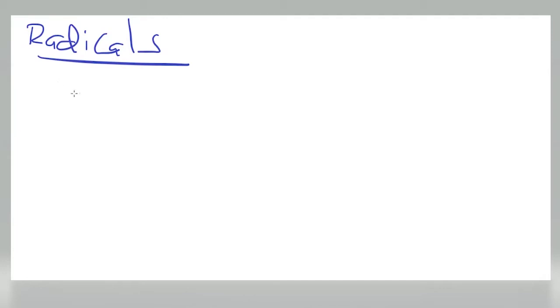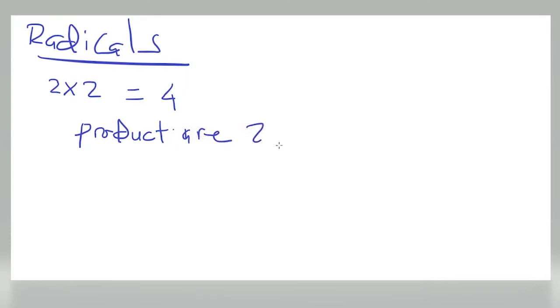For example, if you have 2 times 2, obviously this gives you 4. Now, what is the root of 4? The root of 4 is 2. It means you have taken 2 times 2, then you got 4.